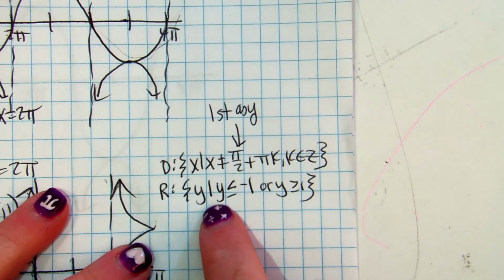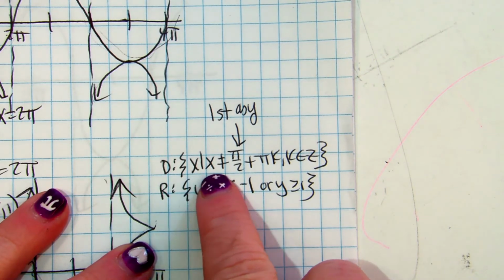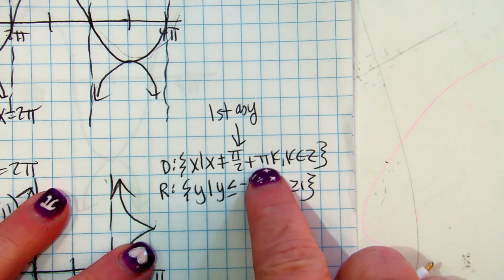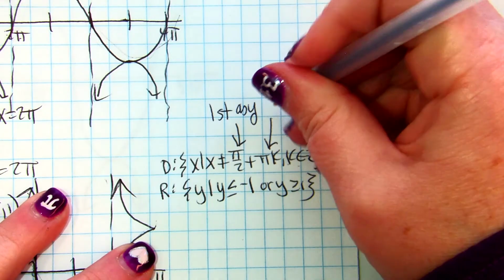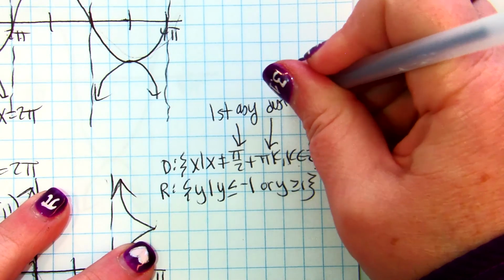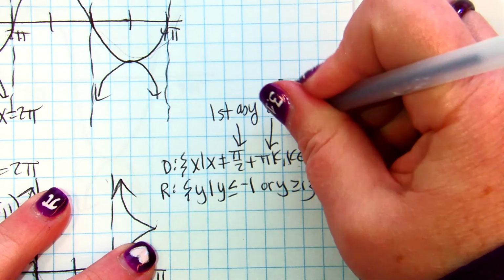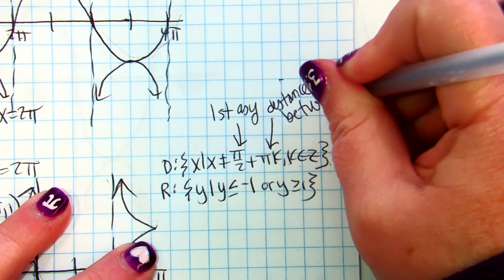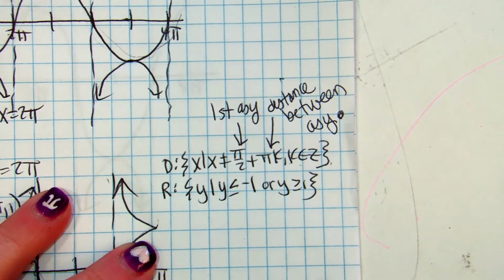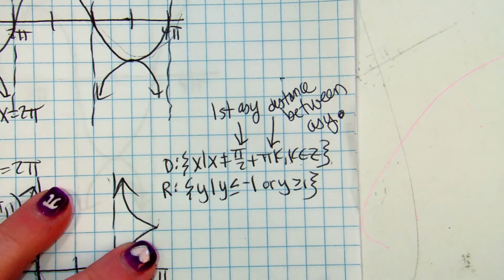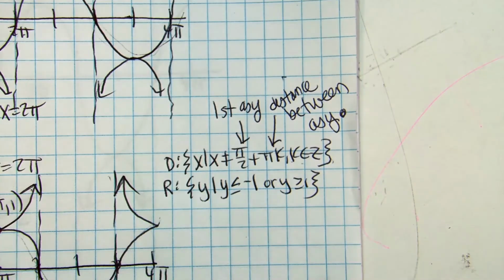So you do the first asymptote, x such that x is not equal to pi over 2 plus pi k, where k is an element of integers, and pi is the distance between asymptotes. So secant's harder than cosecant. And then the range is still there.